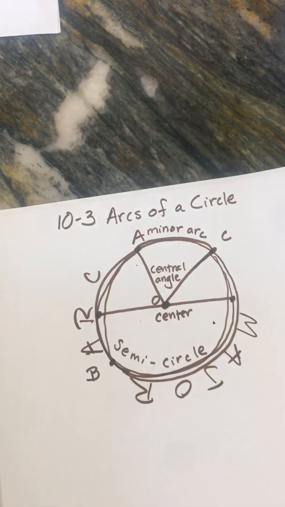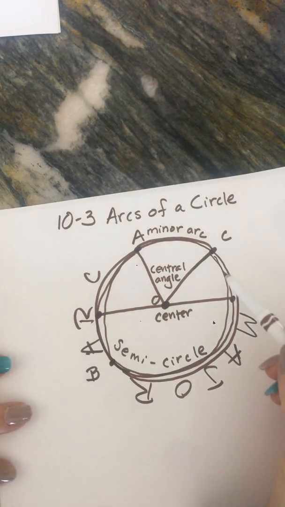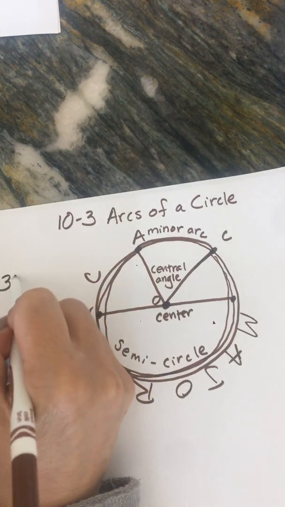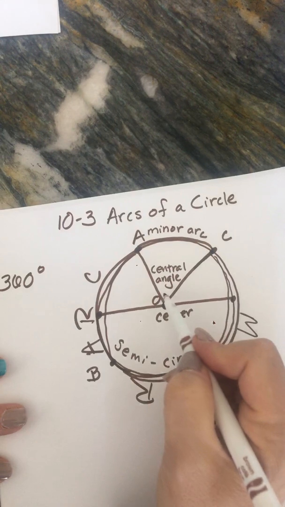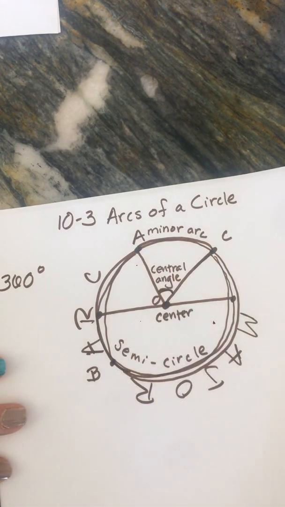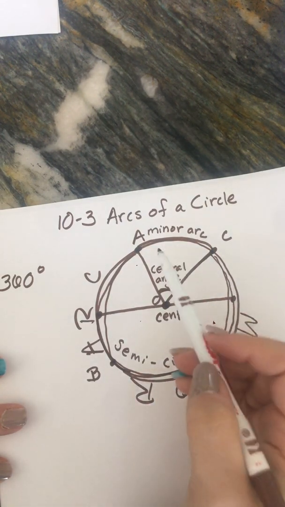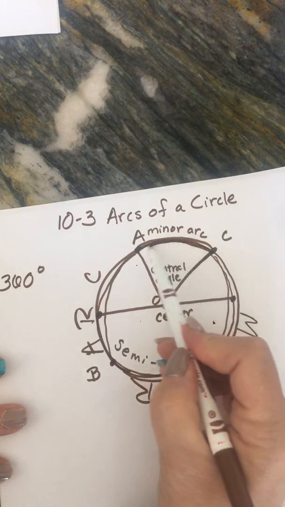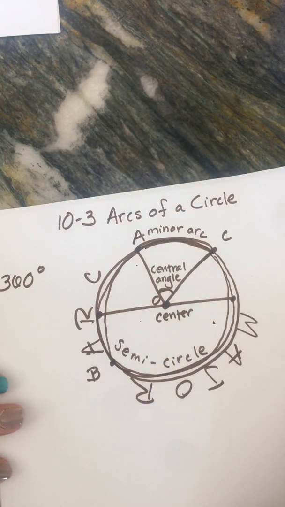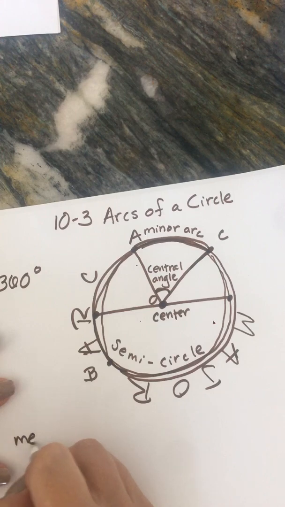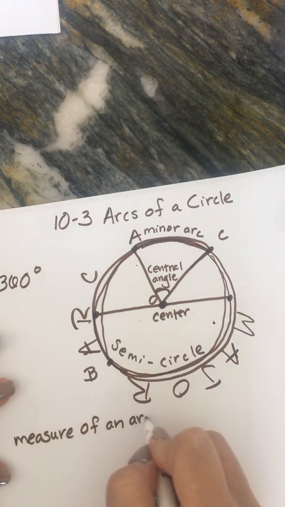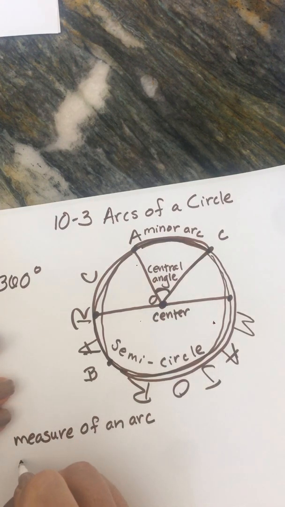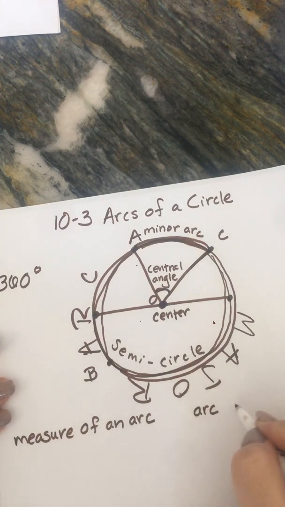Okay. So you remember that there are 360 degrees in a circle. We can talk about an angle in degrees, but we also talk about the measure of an arc in degrees. So there's a difference between the measure of an arc versus the arc length.